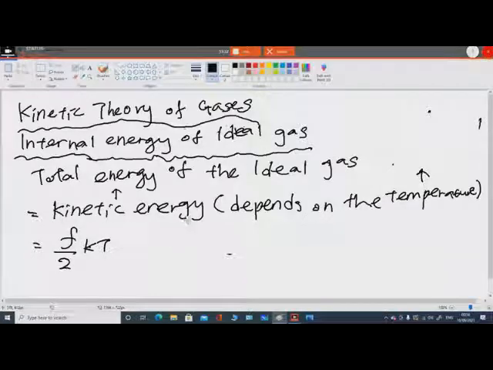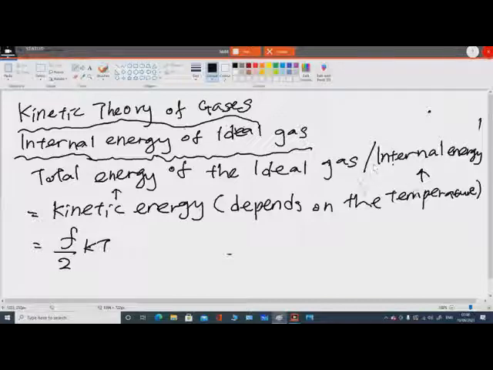Note that if the kinetic energy for the ideal gas depends on the temperature, it means that the internal energy, or the total energy of the ideal gas, also depends on the temperature.